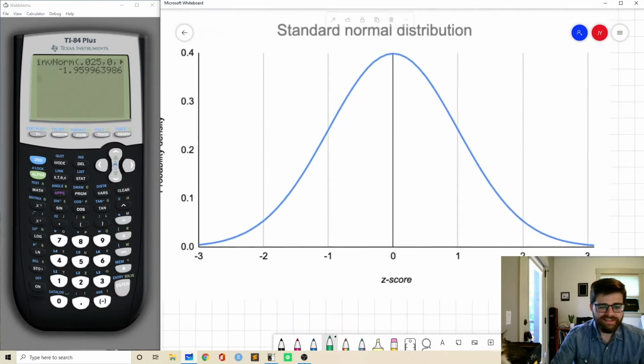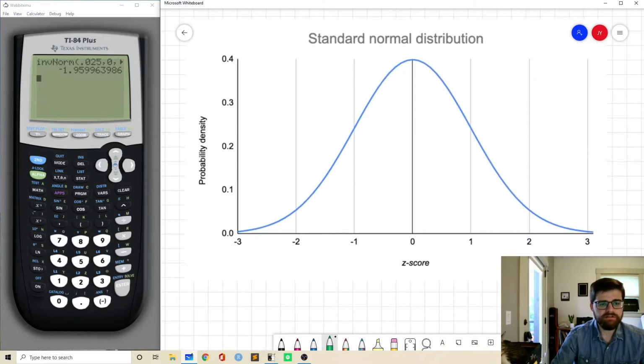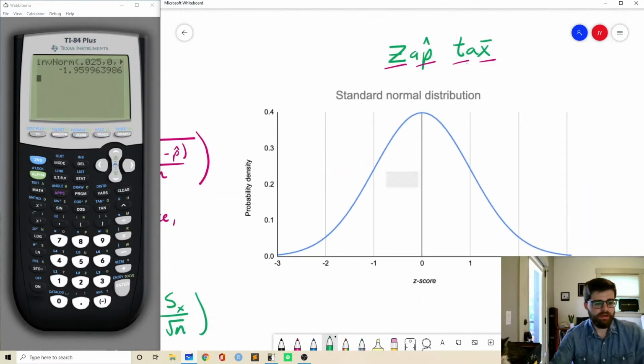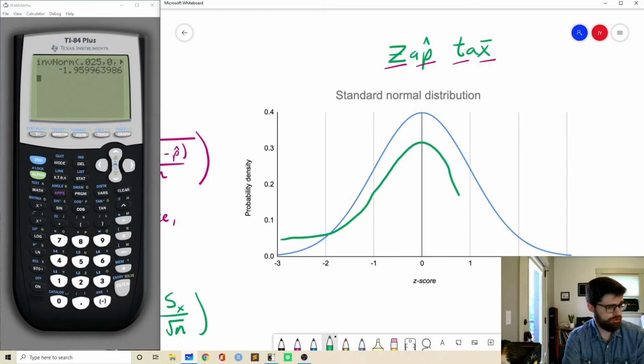Well, it's kind of like a normal distribution, and it's going to be similar in a lot of ways. It might look something like this. Okay, so it's supposed to have pretty much the same sort of shape as a normal distribution. It's still kind of that bell shape, or it's supposed to be, but there are some distinct differences.